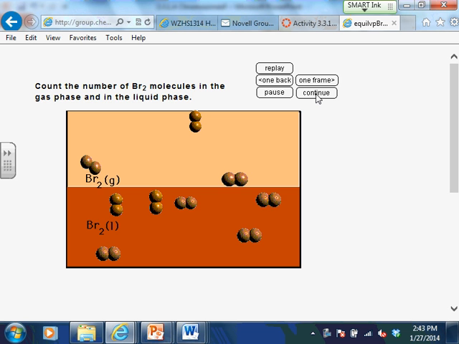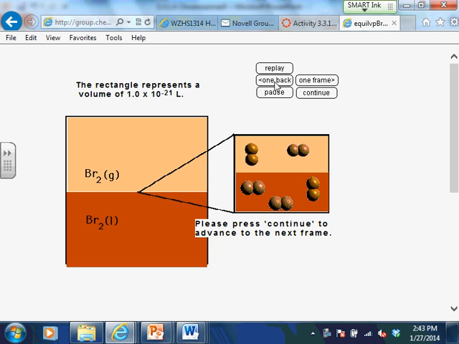So count the number of Br2 molecules in the gas phase and in the liquid phase. So you've got, did I miss something? What's the key here? Why are they different colors?